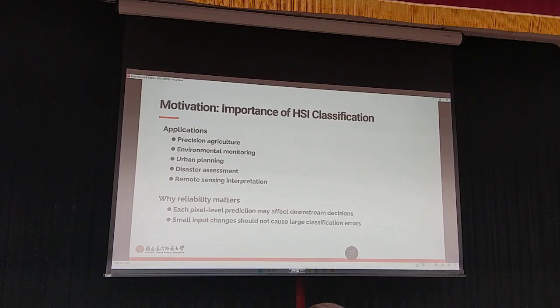This pixel-wise classification ability makes HSI useful in many remote sensing applications, such as precision agriculture, environmental monitoring, urban planning, and disaster assessment. However, because the output is a full classification map, each pixel-level prediction may affect downstream decisions.